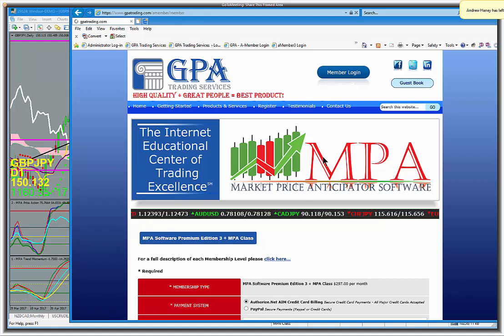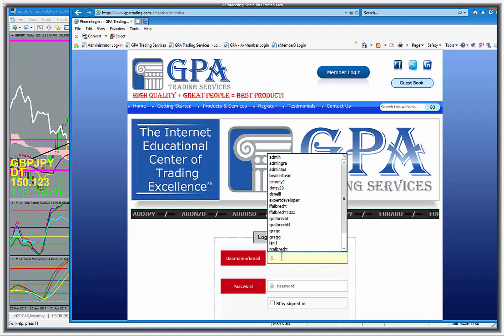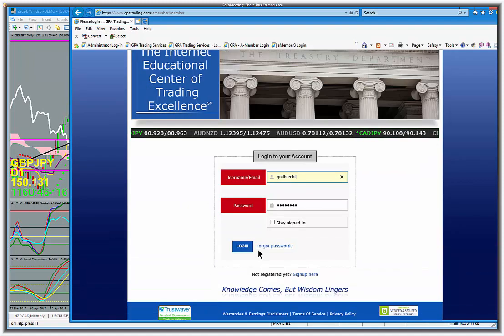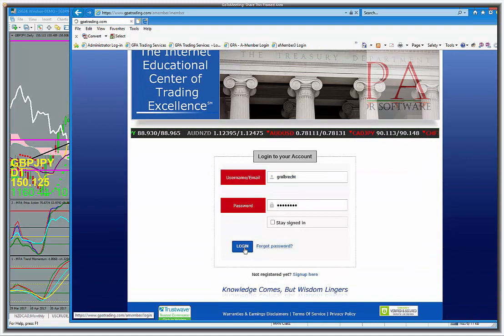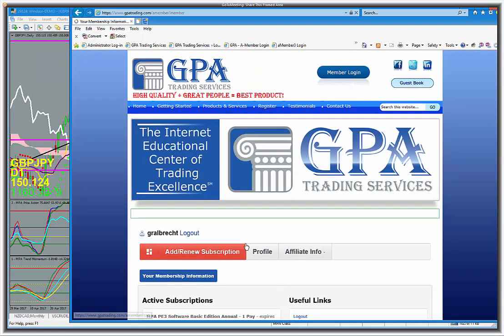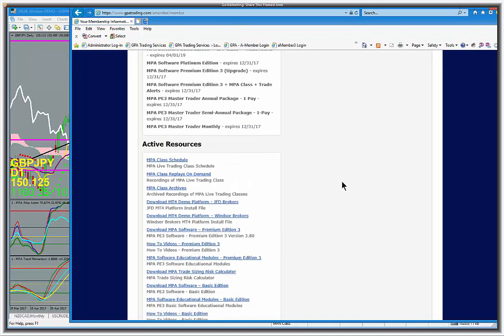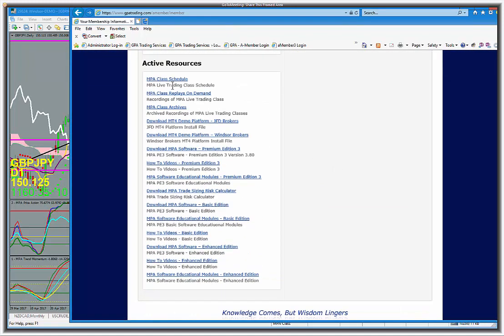And here's an example of what you do. Once you're in the system, you get a username and password. You log in, and you're going to see this. Once you're logged in, you'll see your active subscription. Obviously, you're not going to have all these, but you'll have active resources, and you'll see the class schedule.